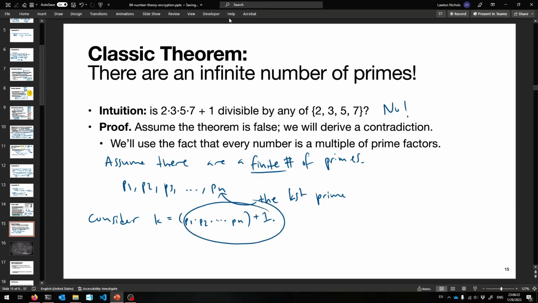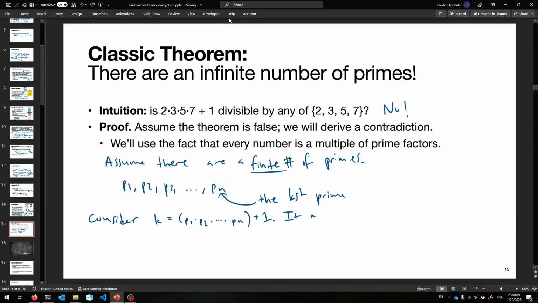This number is not a new prime number, right? Because it's bigger than the last prime, so it has to be a composite number, which means all these things fall in line. This number k, whatever it is, must be a multiple of primes, right? That's what every number is. Every number is a multiple of prime factors, so whatever k is, it must be a multiple of a bunch of primes from the list, of all the primes on this finite list.